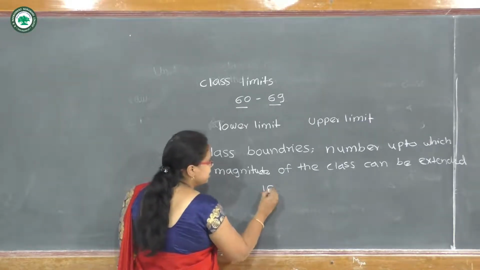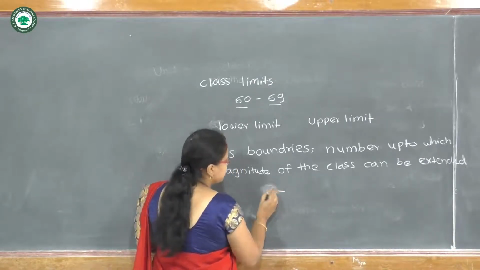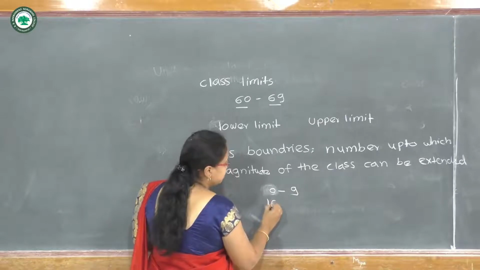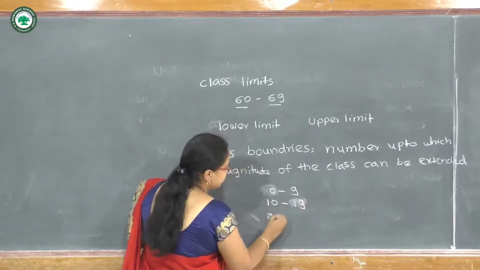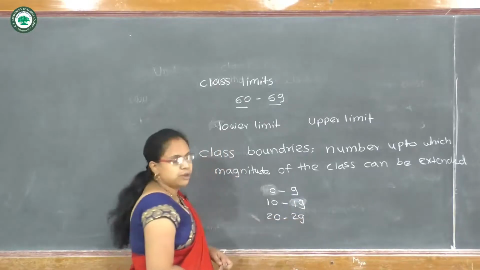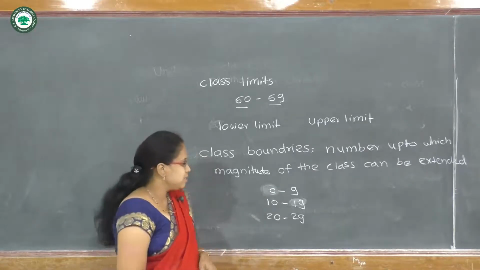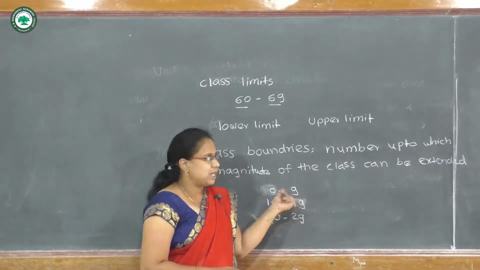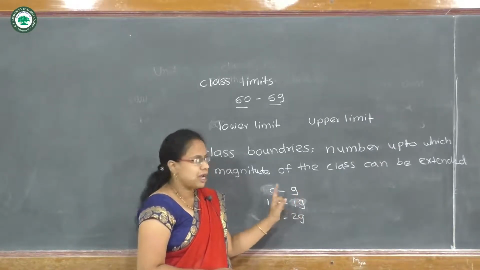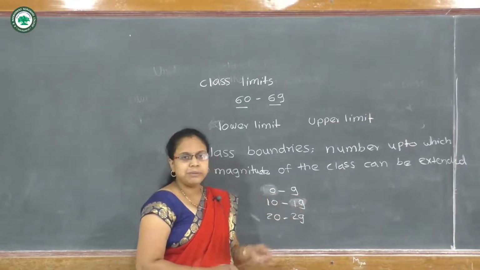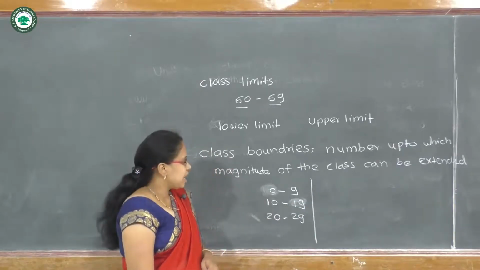So suppose these are the classes 0 to 9, 10 to 19, then 20 to 29. These are inclusive type classes, meaning the upper limit is included in the same class. These are the lower limits, these are the upper limits, and the class boundaries may be taken as the numbers up to which the magnitude of the class can be extended.